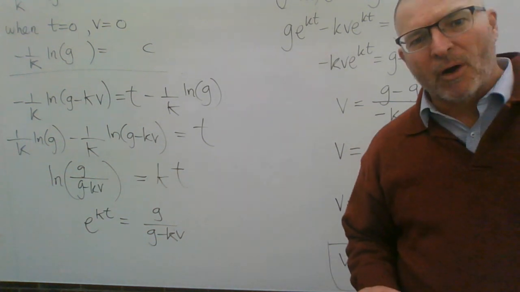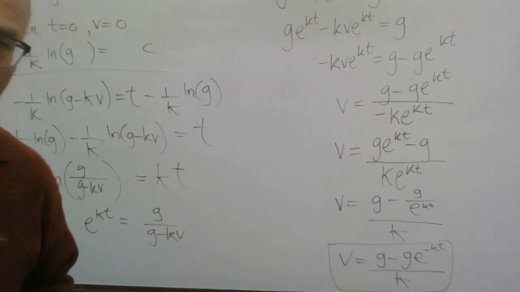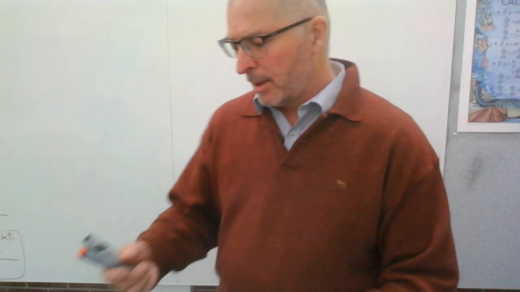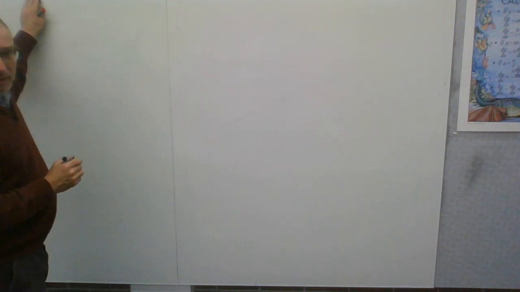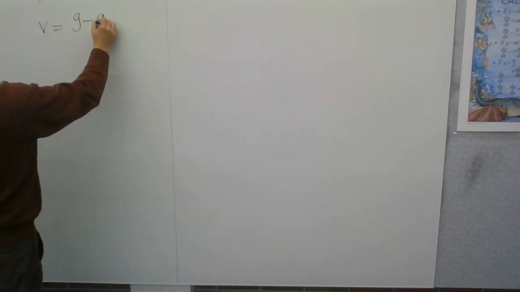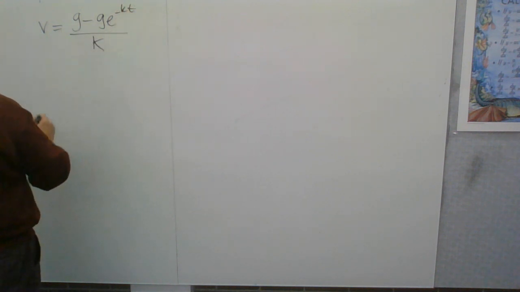I was asked to find the velocity and the displacement as functions of time. So I'm just going to go ahead and integrate again. So I start at the top of my screen here with the velocity, which is equal to g minus g e to the minus kt on k.